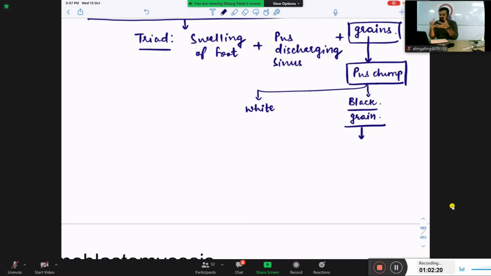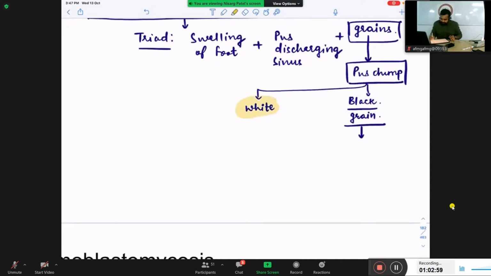But if the infection is caused by some fungus which has a black pigment, and when you puncture the swelling the pus coming out has black grains in it, the cause is fungal. If yellow or white colored pus is coming out, bacteria is the cause. Why this is important is that based on this you will start the treatment. If black grain is coming out, the treatment will be on the fungal line, otherwise on the bacterial line. That is why this topic becomes important, and they ask this.